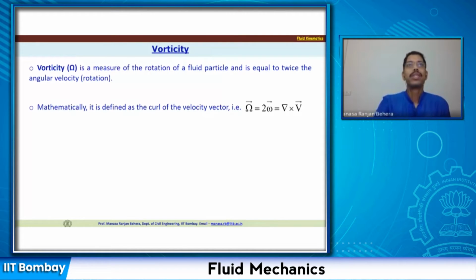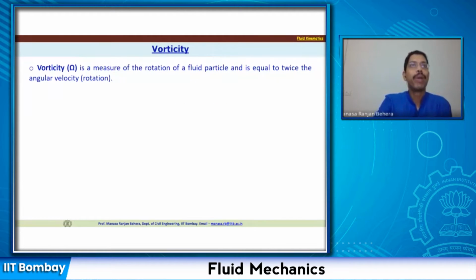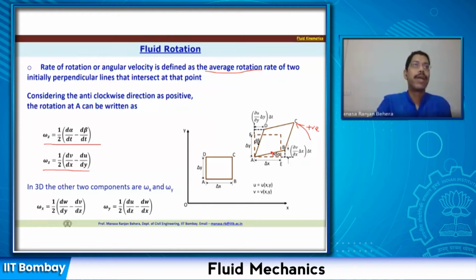We had this term, so let me quickly take you back to this equation. Let us say I write this omega z. So 2 times omega z is nothing but your vorticity. If I multiply by 2, this will cancel out, and finally I will have this term, which is nothing but d by dx of v minus d by dy of u.